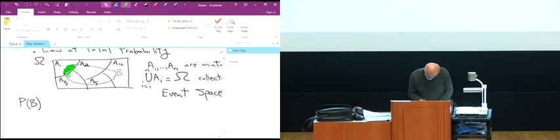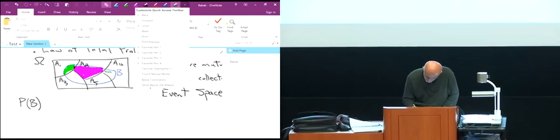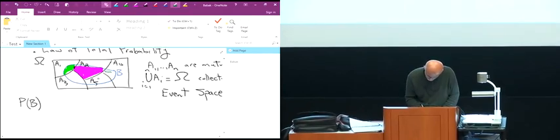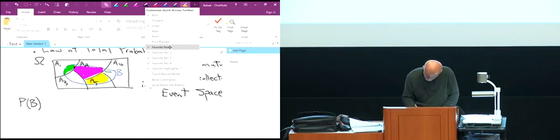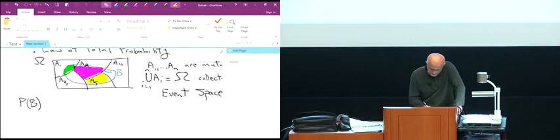Here we go. Where's the yellow? Oops. Okay, I'll take a volunteer.